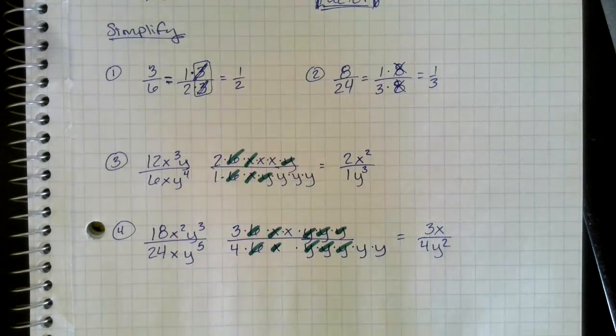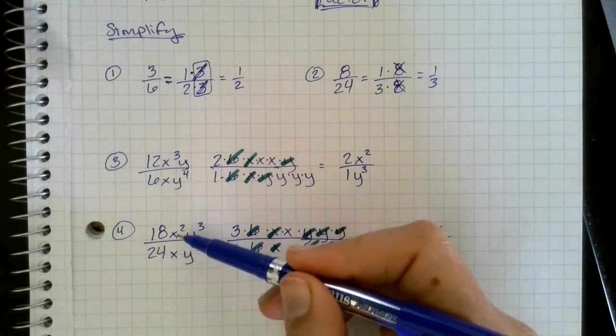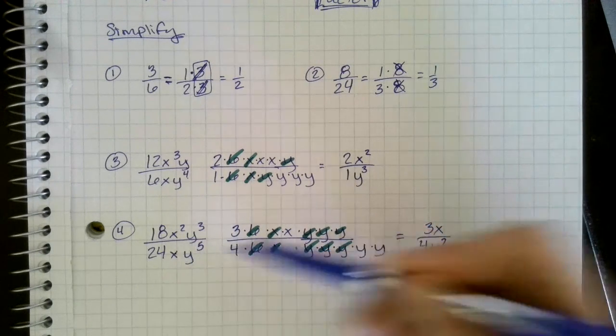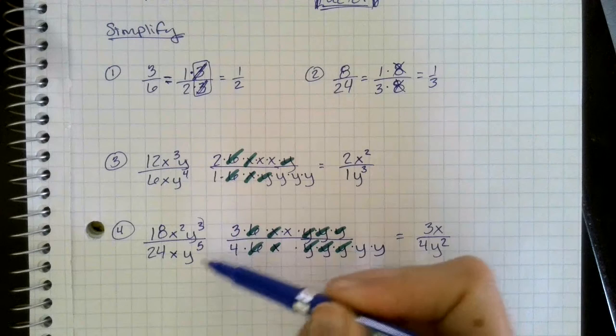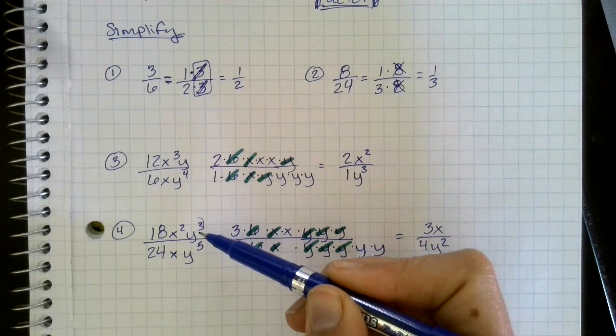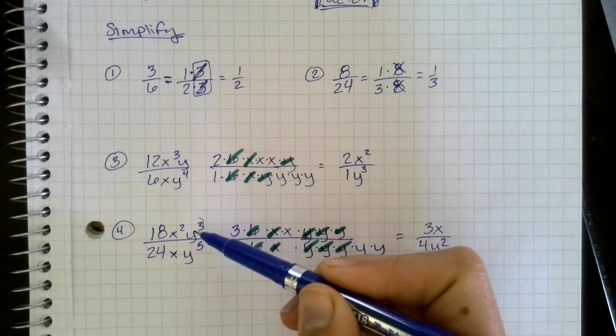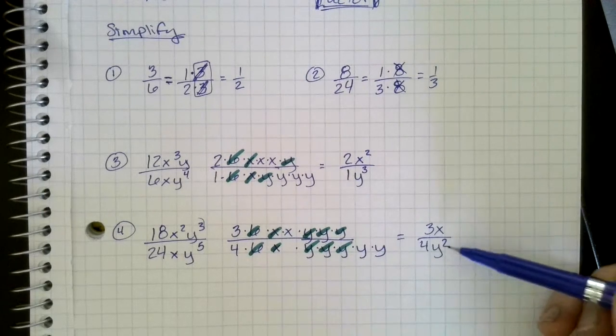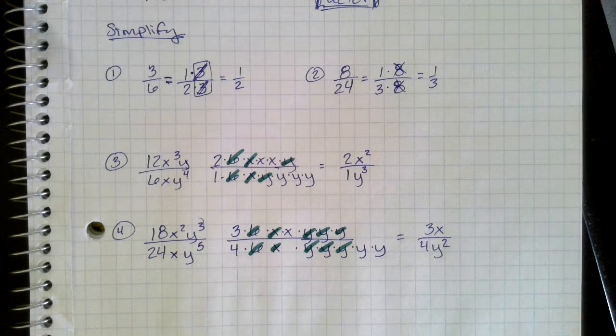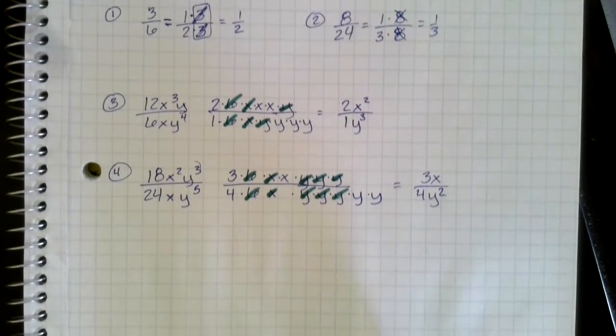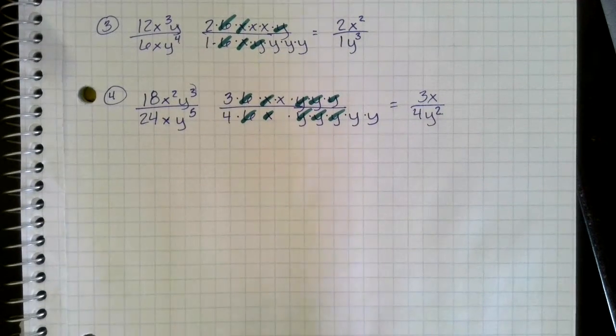So you kind of get the idea there. 2 and 1, I can get rid of 1. So this one's gone, 1 left on the top. 3 and 5, the most I can get rid of is 3. These are all gone. If I get rid of 3 down here, I have 2 left. So you don't have to write those all out if you don't want. It's just an option. Some of you prefer to be a little more visual than others.